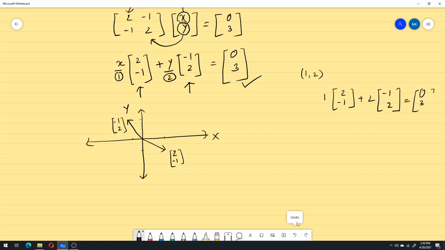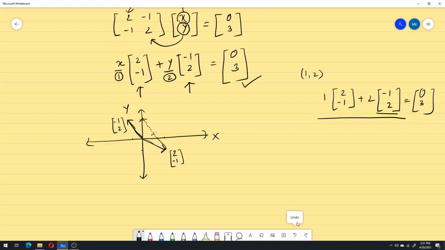This is basically vector addition, and what you would do is take one of these vectors, then two of these vectors from the tip of that vector. We know how to add two vectors from the previous class, right? You take one vector, and at the tip of that vector, draw the other vector, and you will get the resultant vector from the origin. So this is 1 of [-1, 2], and this is 2 of [-1, 2].